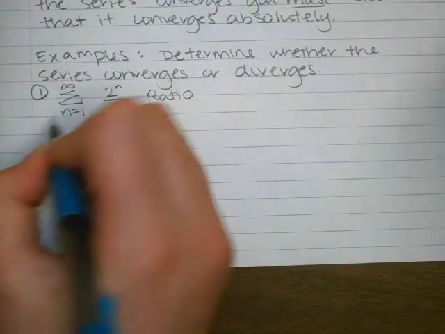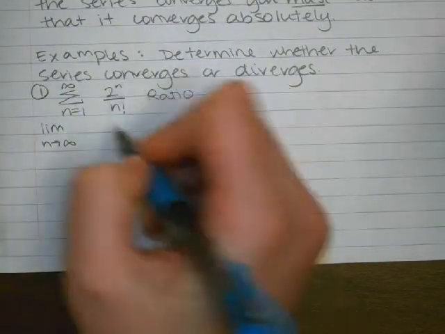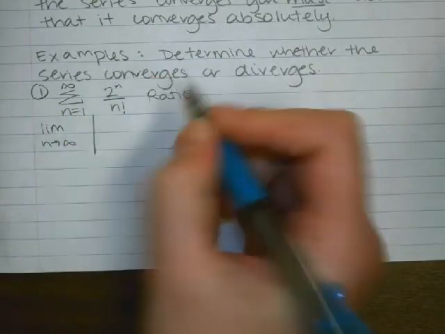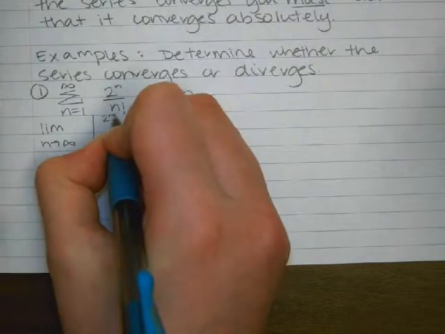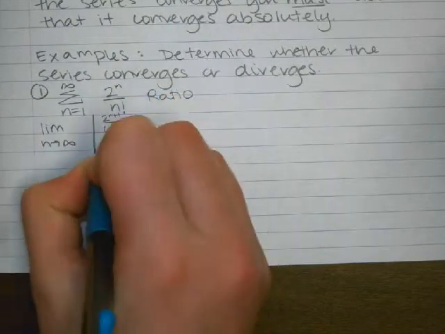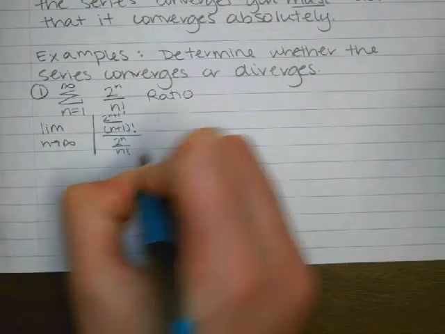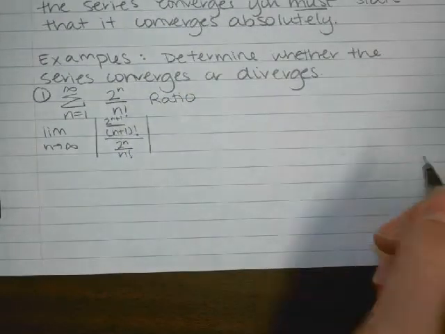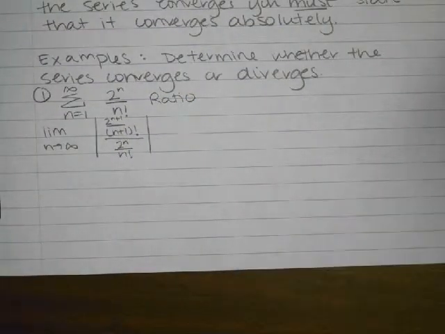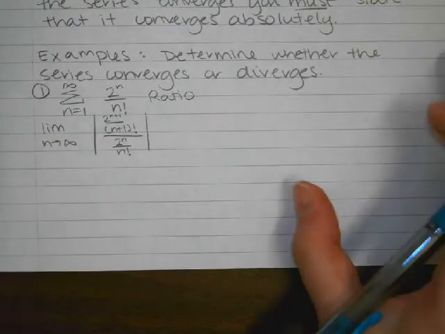All right, so I'm going to say the limit as n goes to infinity. I've got my absolute value. I have 2 to the n plus 1 over n plus 1 factorial divided by 2 to the n over n factorial. All right, now what I would say on these, because as you do more and more of these problems, you're going to be tempted to show less and less work.